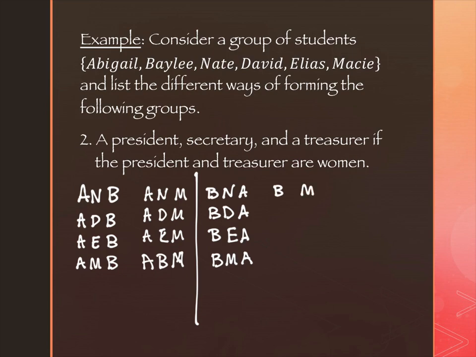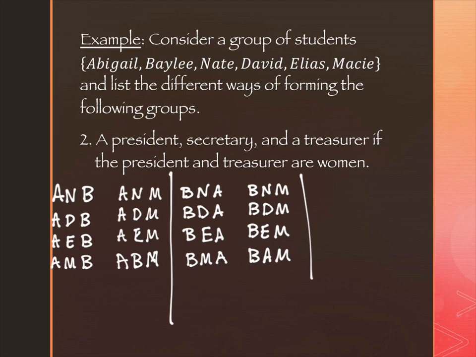Macy is treasurer. So I've got Nate between, David between, Elias between, and then Abigail actually between, right? Now I'm done with Bailey as president. Agreed?